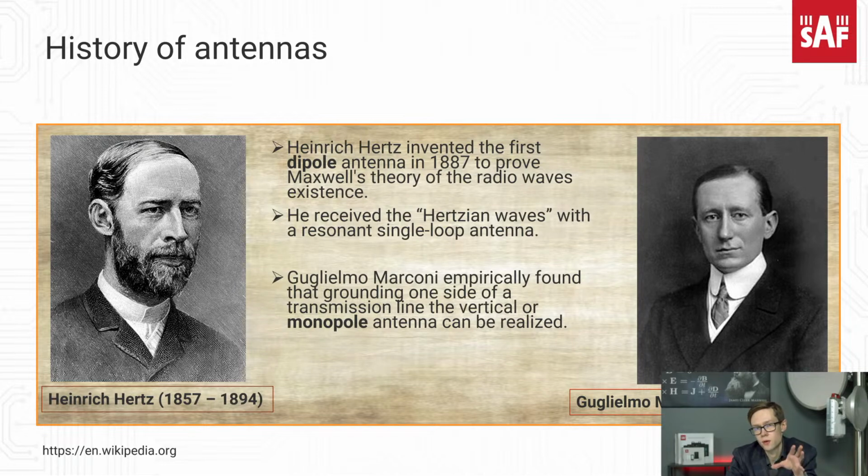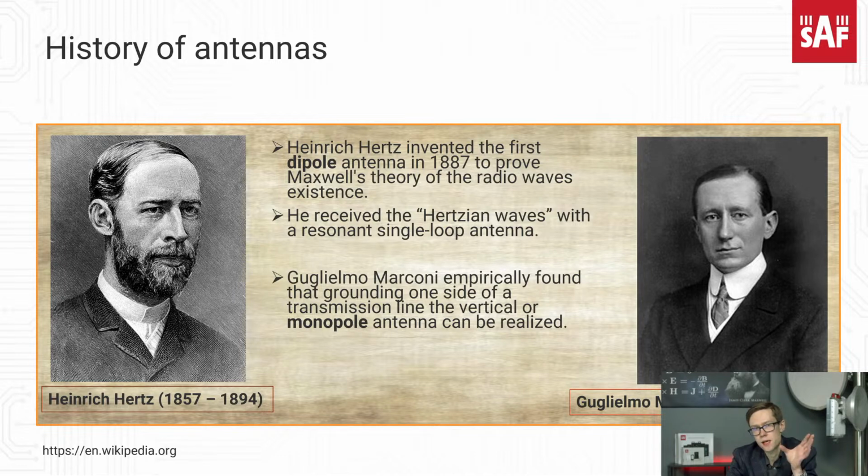And as we will learn a bit later, the frequency of the waves for the monopole antenna is reduced compared to the dipole antenna. So he could use the lower frequency with the same dimensions and transmit further.